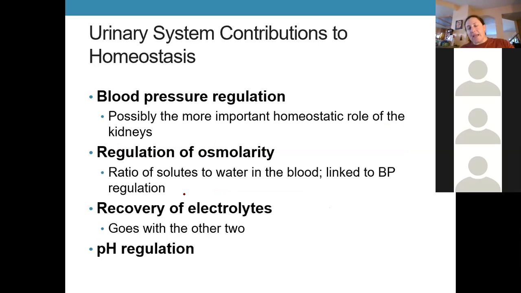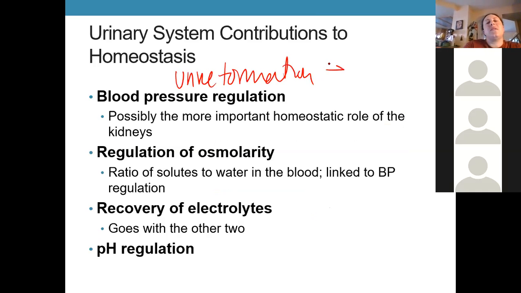These are all related to the urine formation stuff we just talked about. So these are secondary effects, right? This is all during the urine formation process, but it's related to the ability of the kidneys to contribute to homeostasis.